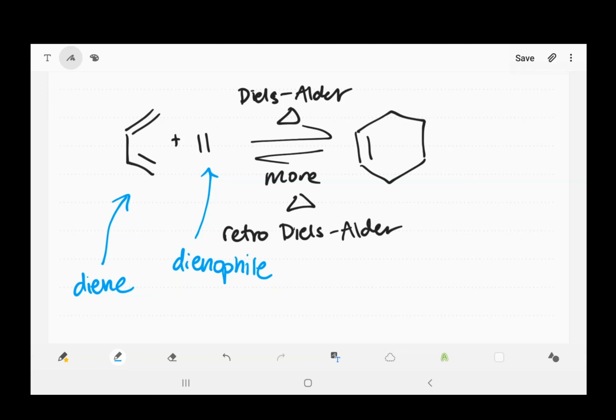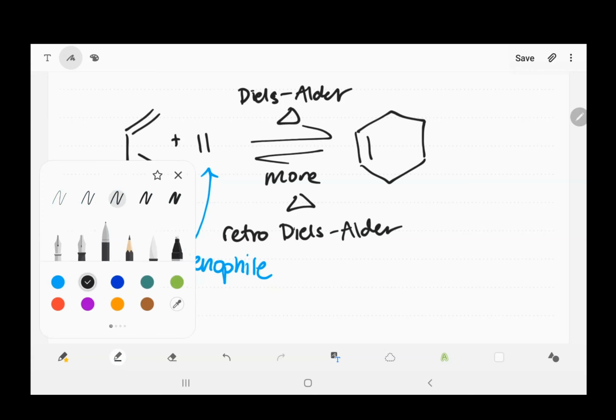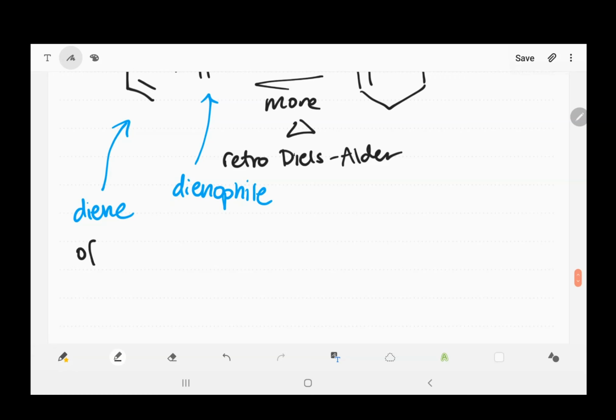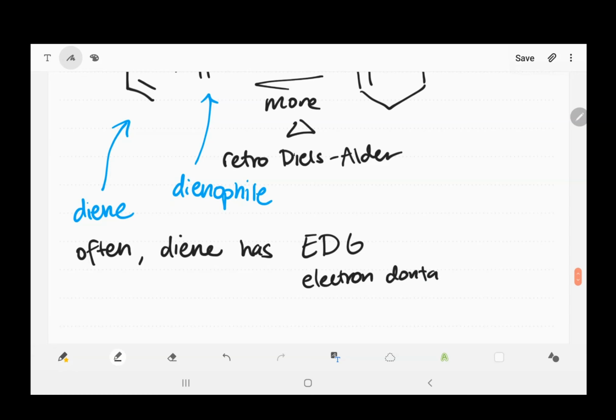So those two are going to be working together to make this happen. We're going to see very often the diene has electron donating groups on it. Not always, you don't have to, but very often.